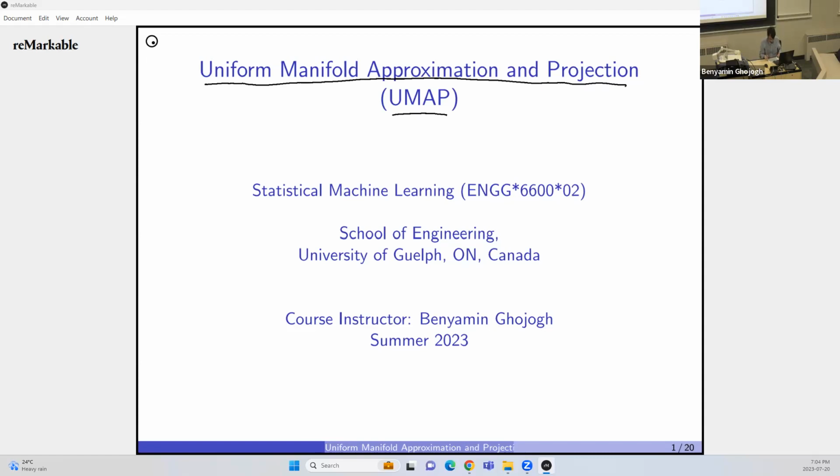Now I'm going to talk about UMAP. UMAP came after TSNE, and it is one of the state-of-the-art methods for data visualization, competing with TSNE. Both TSNE and UMAP have been used for gene expression data visualization as well.